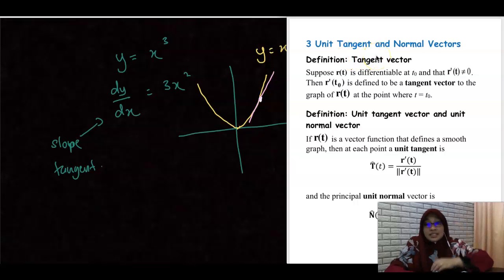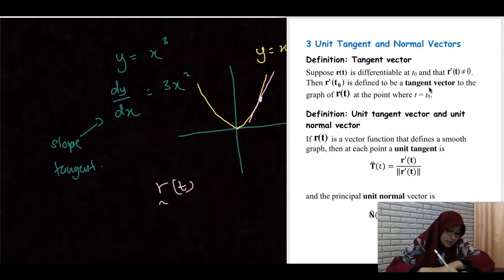So we have a tangent vector. What is a tangent vector? Suppose the vector function r is differentiable at a specific t, which is t naught, and r prime t is not equal to 0. Then we say that r prime t is defined to be a tangent vector. For example, let's say your vector r is given by t squared, 2t, and t cubed plus 1.